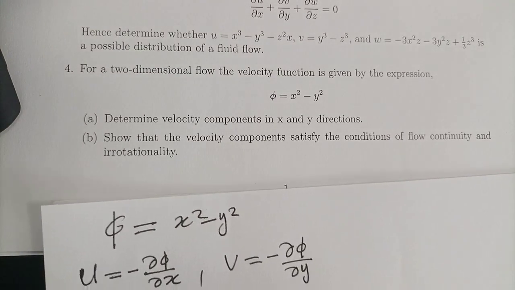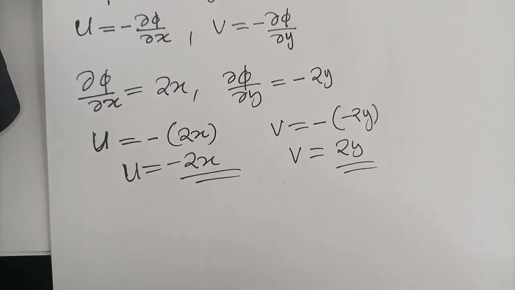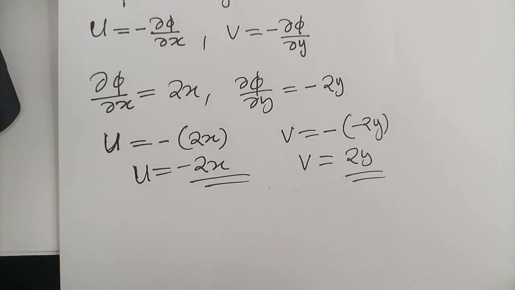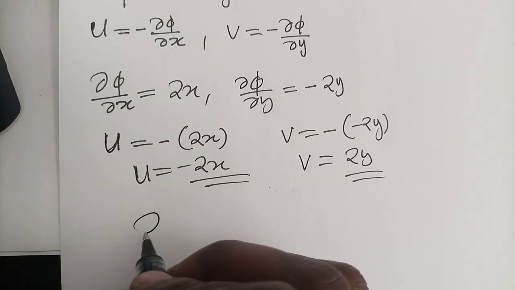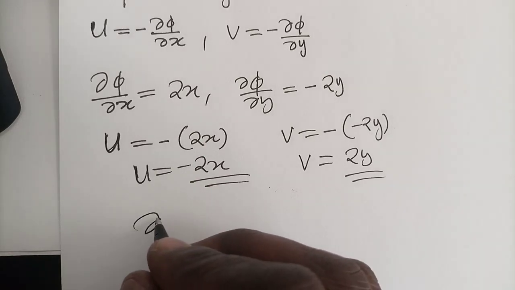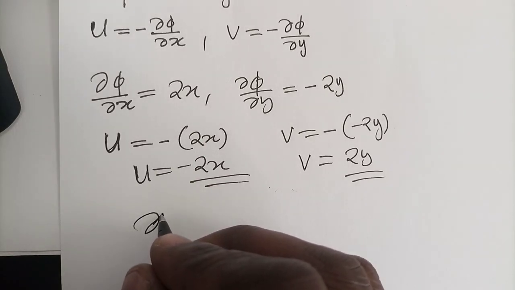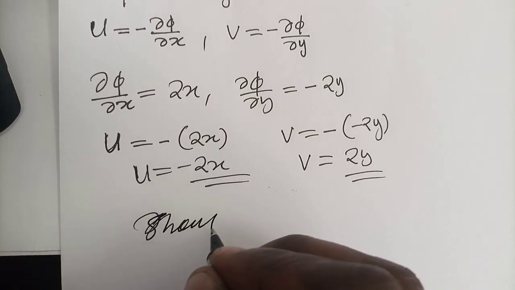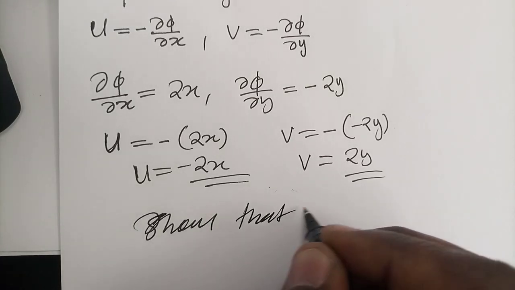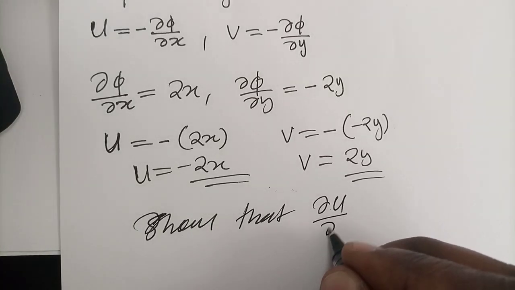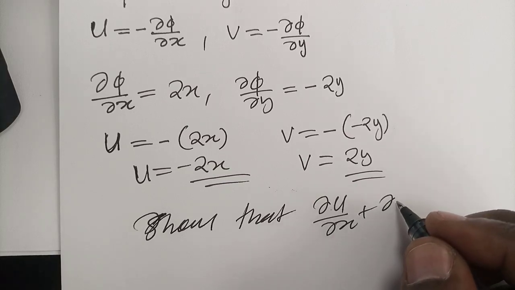The second part is saying that show that these velocity components satisfy the continuity equation. So the continuity equation, we should show that this is true.